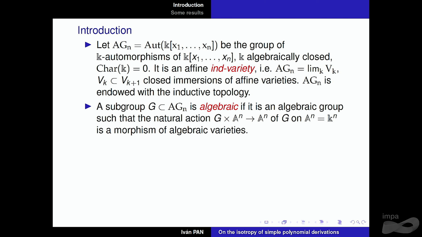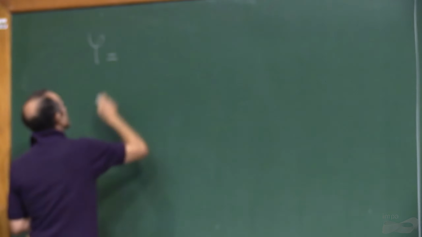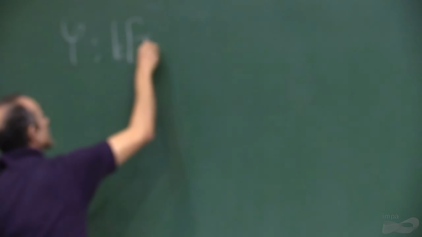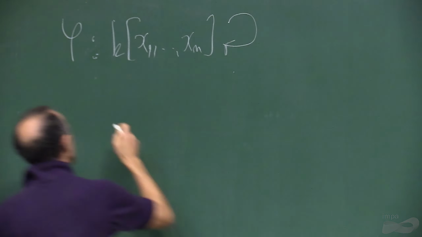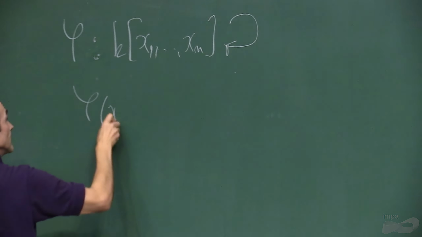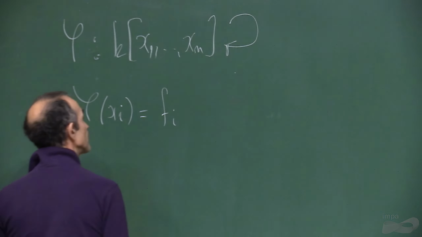Let me explain that a little, because I will do a slight abuse of notation. This is an automorphism of polynomials, and then phi of xi is a polynomial.